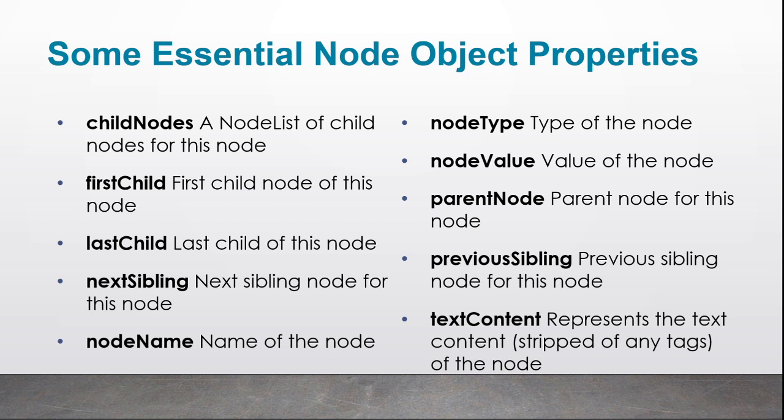Parent node, yes. Previous sibling, if you go back up the list instead of going down it, that is the previous sibling node. And then the text content is any text stripped of any tags of that node. So you strip out all of your divs, your A's, your images, all of that, and it's just the text content. Make sense? Cool.